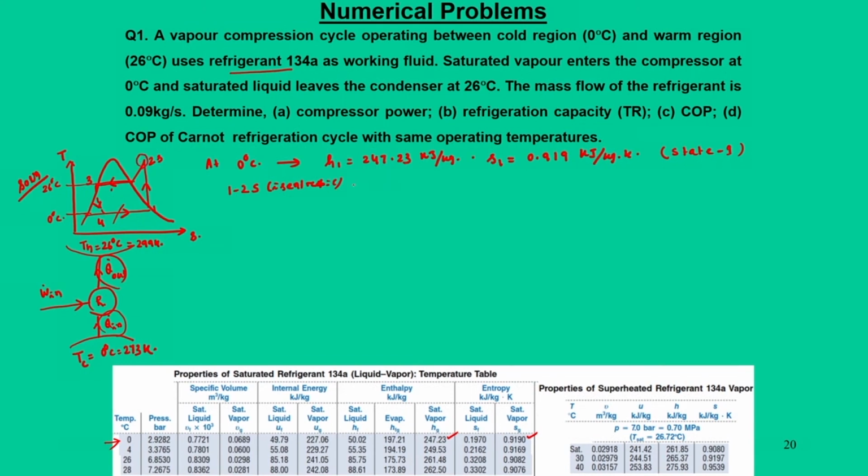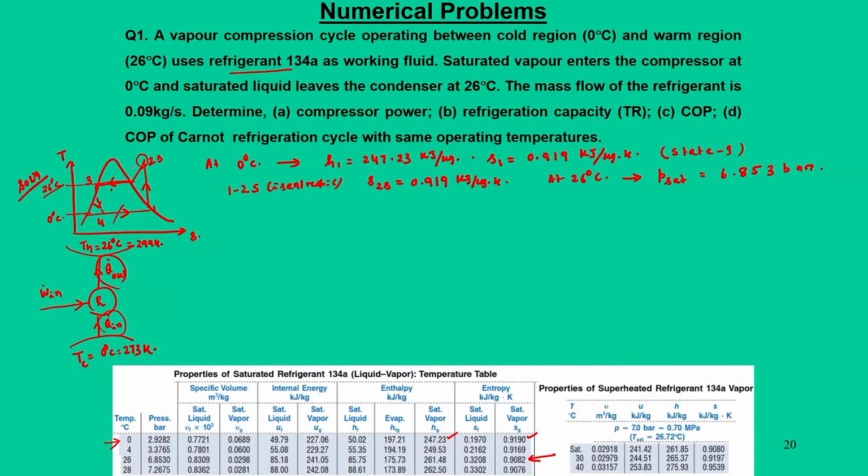That means S2s is the same as S1, which is 0.919 kilojoule per kg Kelvin, and 2s stands at the condenser pressure. So, at 26 degree centigrade one can find the saturated pressure, which is 6.853 bar.